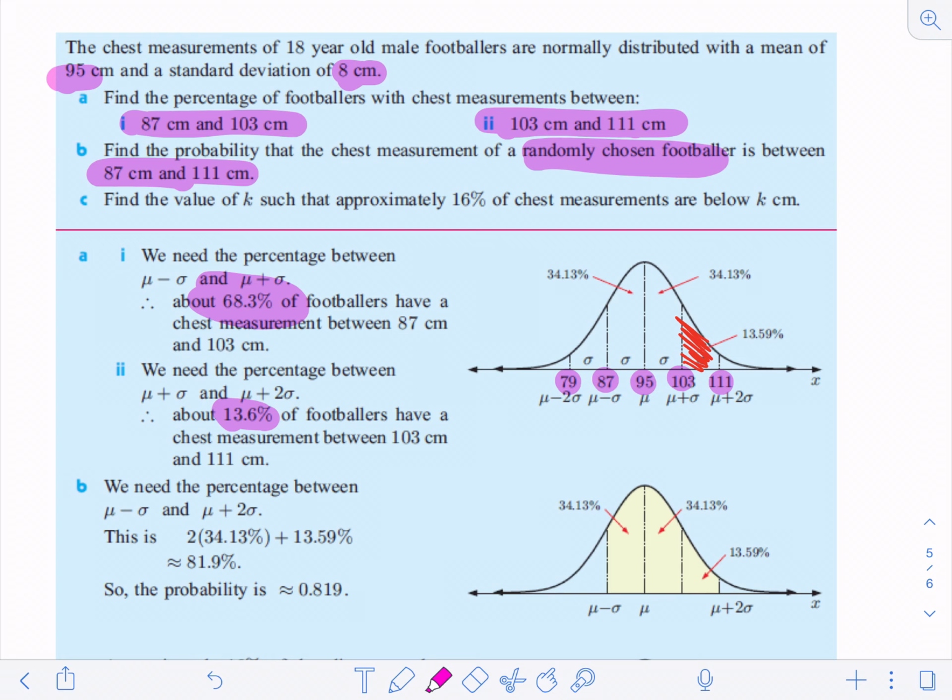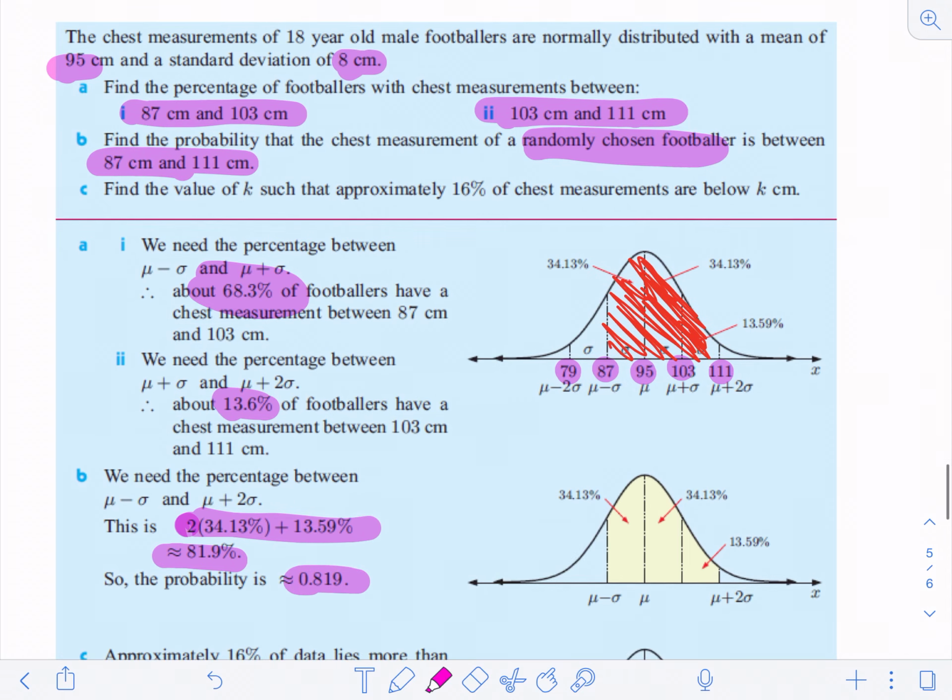Well, 87 and 111 is all of these percentages right here. So it's 68 plus 13.5, and that is going to be this calculation right here, 68 and 13.5, so 81.9%, or a probability of 0.819.